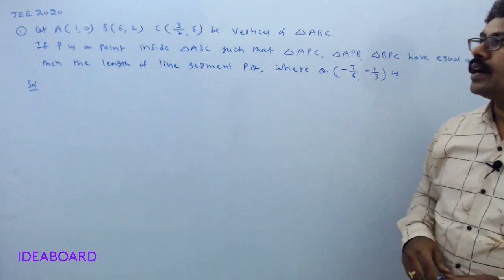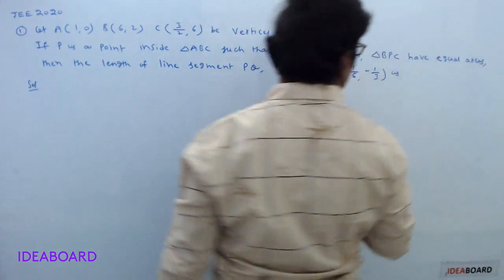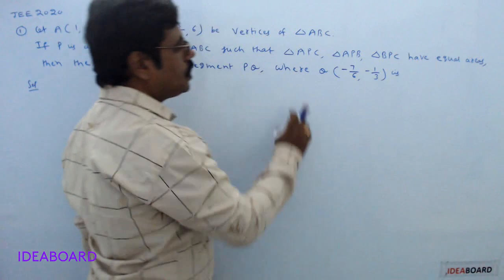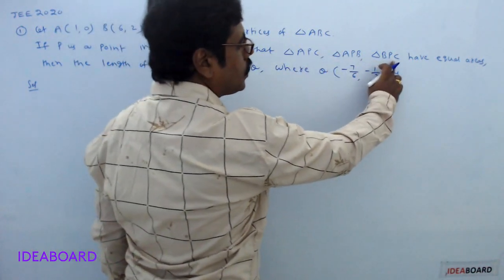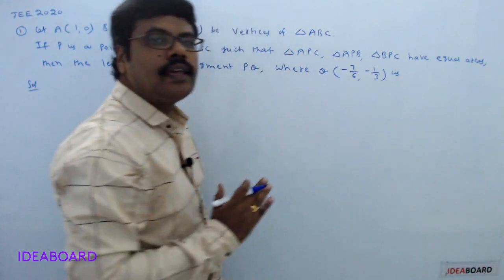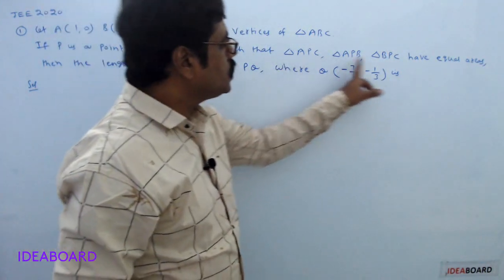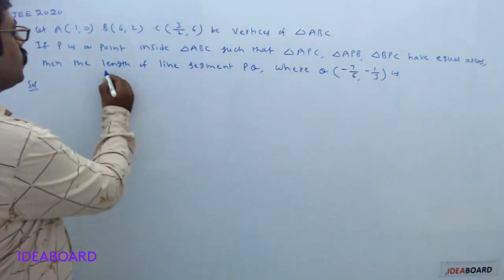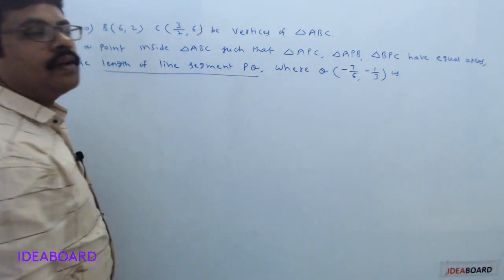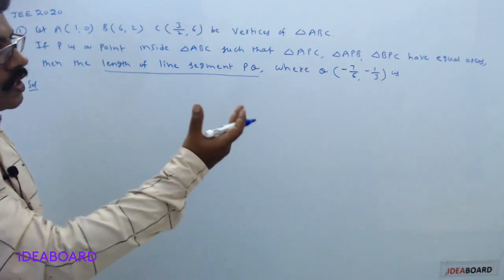Now what is the given condition? Areas of triangle APC, triangle APB, triangle BPC are equal. Now by using this condition, we are going to calculate the length of the line segment PQ. Now first draw a triangle.